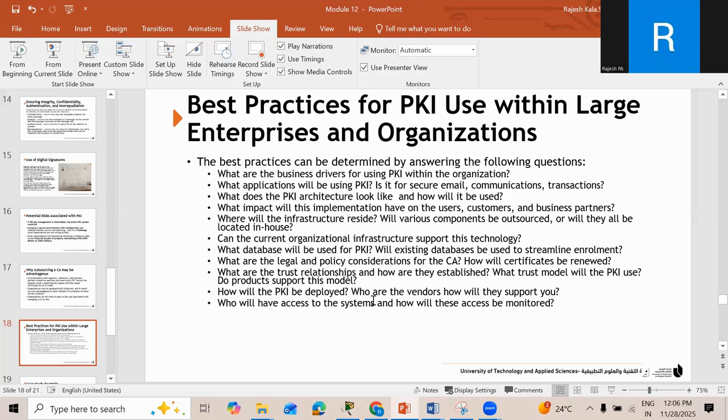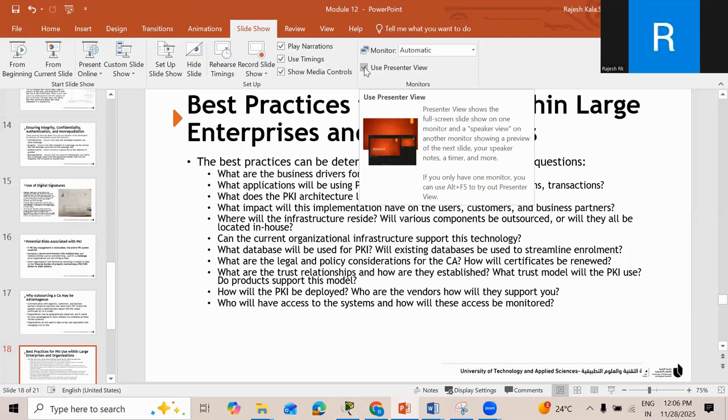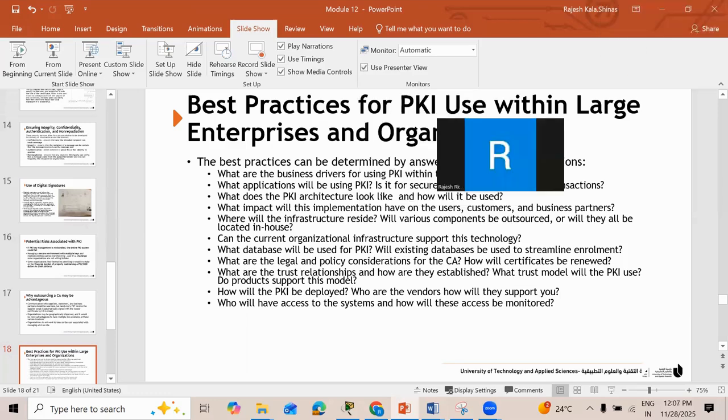How will the vendors support you? How will you issue the certificate to the user? Who will have access to the system? Who is going to access your PKI system to distribute the certificate? How will you monitor if anything happens, like security attacks? That's what comes under chapter 12. Hope you understood. See you in the next video.